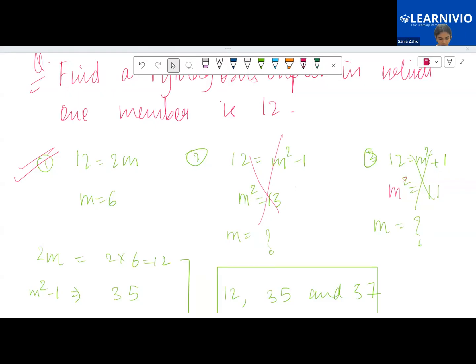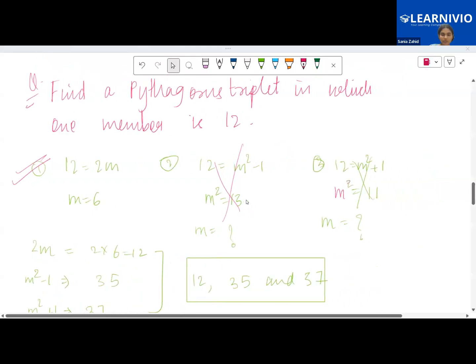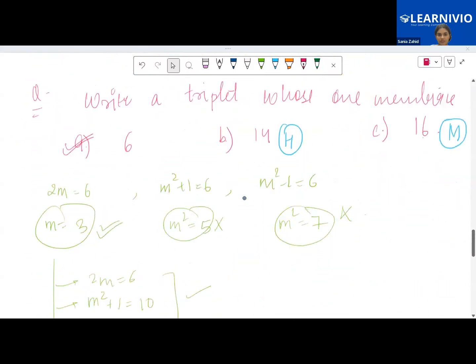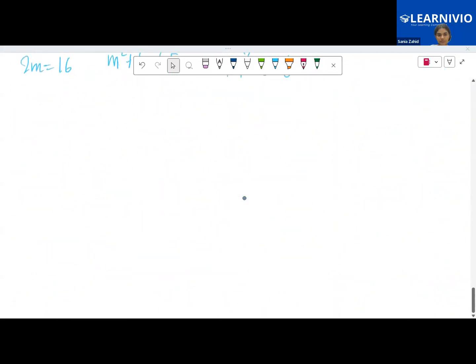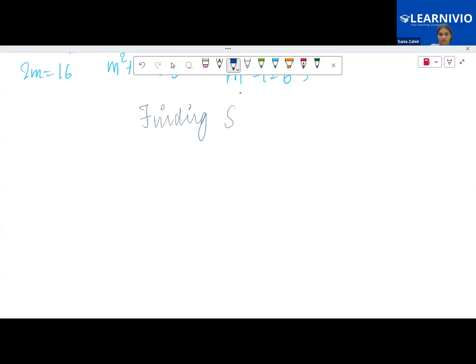Okay. So the next topic, let me just see. Finding the square numbers. Okay. So how do you find the square numbers? Now what we have here is, let's suppose you have a number.